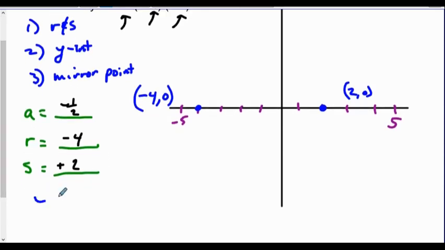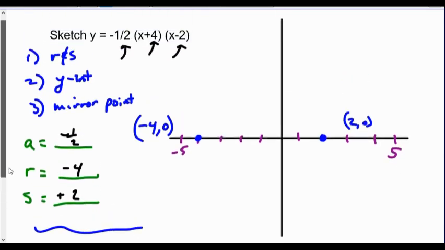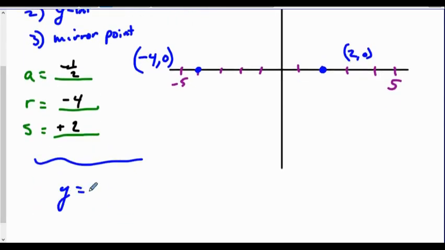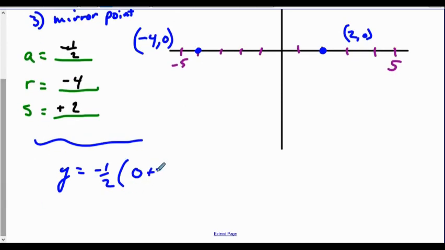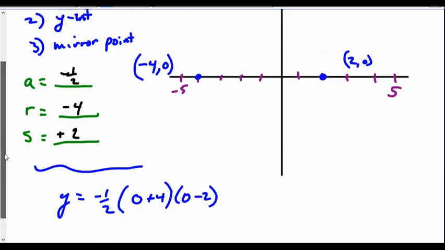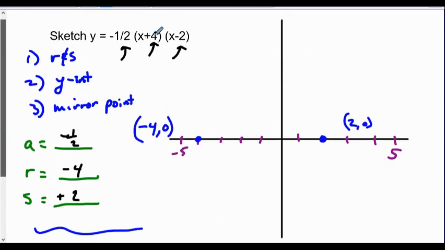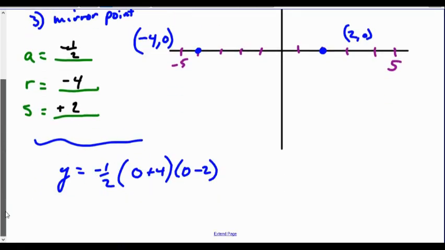Step 2, find my y-intercept. So with the y-intercept, y equals -1/2, and x is 0. Double check the signs here, +4, and 0, take away 2. Okay, so there's my equation, and x equals 0. So I'm going to see that y equals -1/2 of 4 times -2.